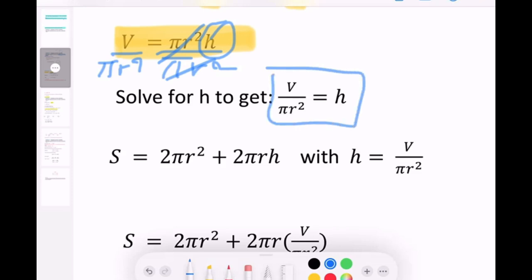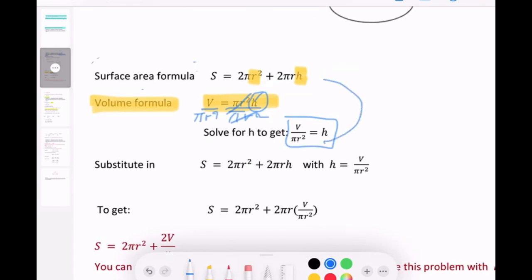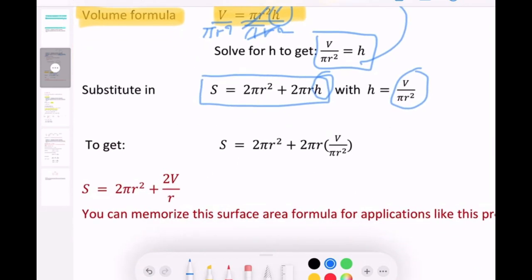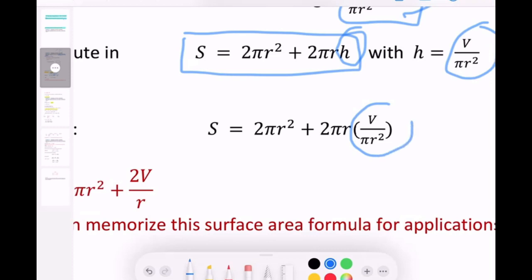Now we substitute this h in this formula, exactly like solving a system of equations by elimination. I'm going to eliminate the variable h. So in my formula of the surface area, I'm going to substitute h by v over pi r squared. It's exactly the same formula here.